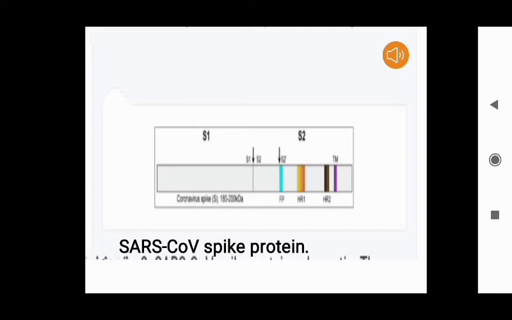And the S2 domain is responsible for fusion, contains the putative fusion peptide, which is colored in below, and the heptad repeat HR1, which is colored in orange, and HR2, which is colored in brown. The transmembrane domain is represented in purple, and the cleavage sites are indicated with arrows.